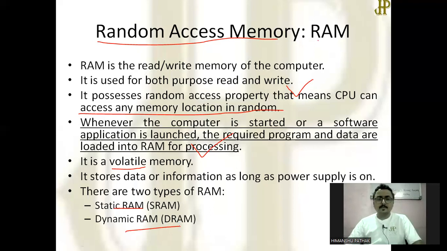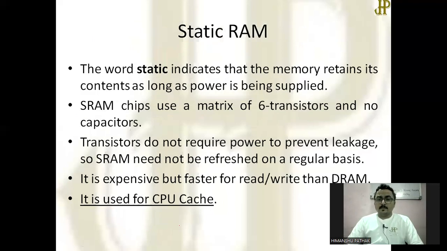As the name suggests, in static RAM, memory retains contents as long as power is being supplied. Okay, there is no need of refreshment on a regular basis. It basically uses a matrix of 6 transistors with no capacitors. Because of the capacitor, we need refreshment.